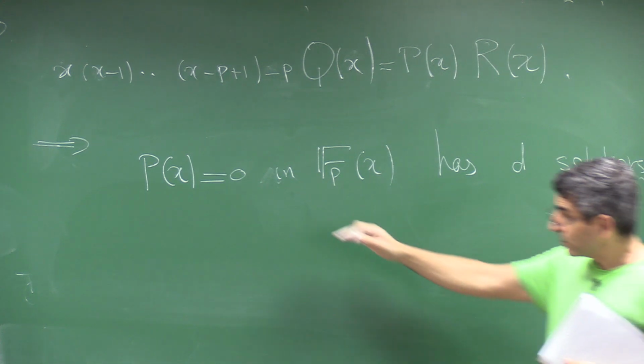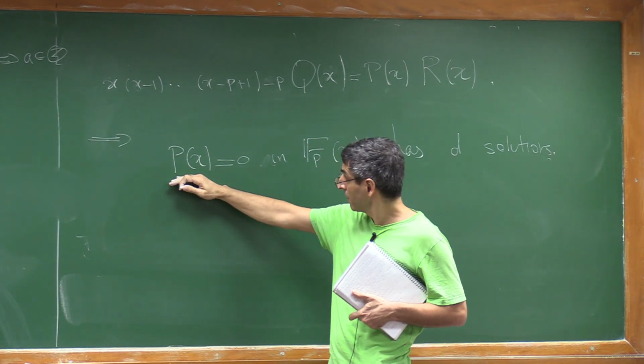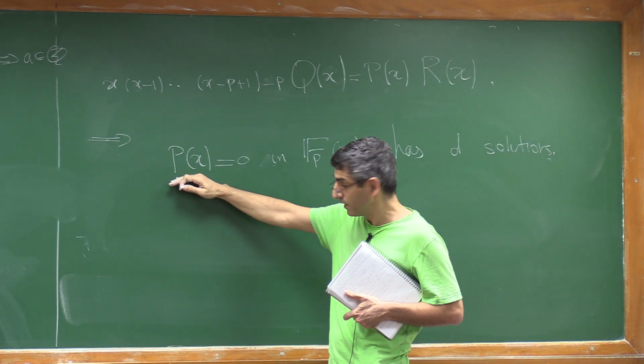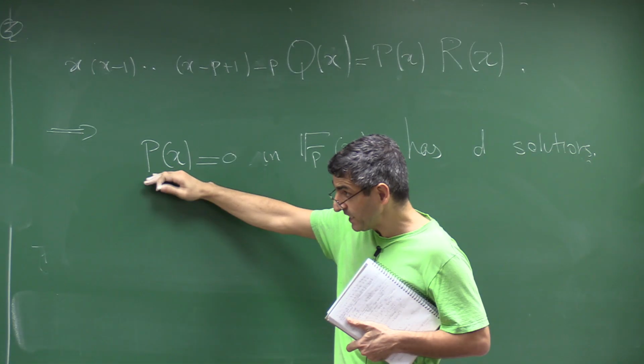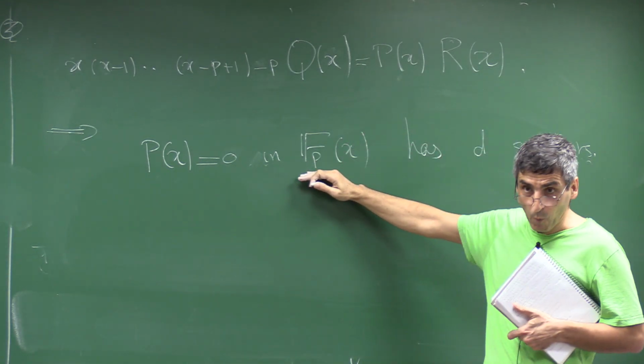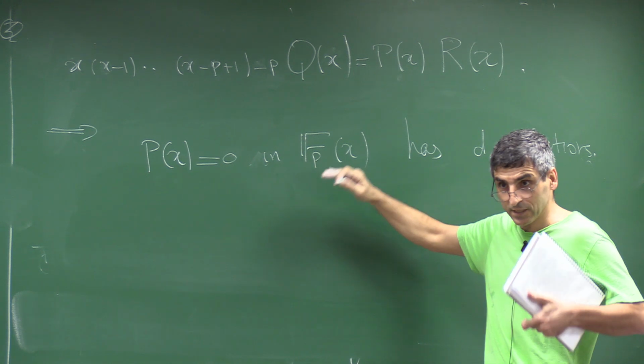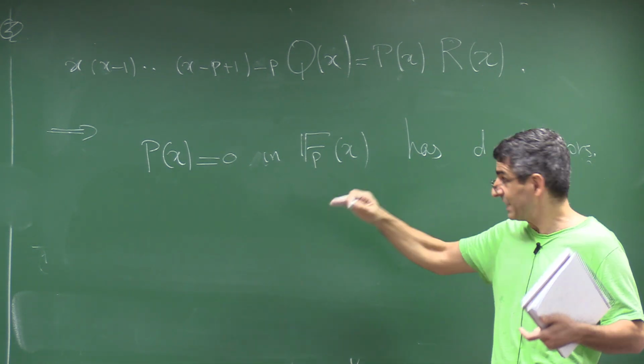So I have an irreducible polynomial in one variable with integer coefficients. When I reduce it mod p, it has all the solutions, all D solutions.